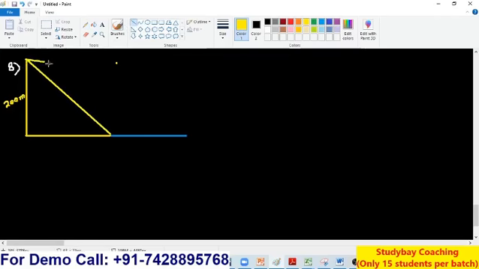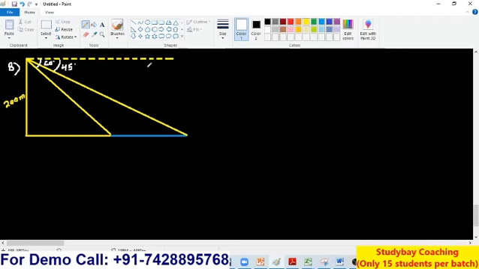As you know, for angles of depression, what we have to do is first draw a line which is parallel to the ground level. That is like this. Fine. Now, yeah. So at some point, this angle is 60 degrees and this angle is 45 degrees. Fine.